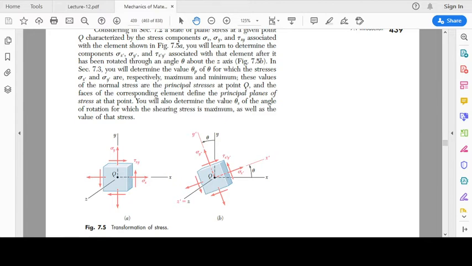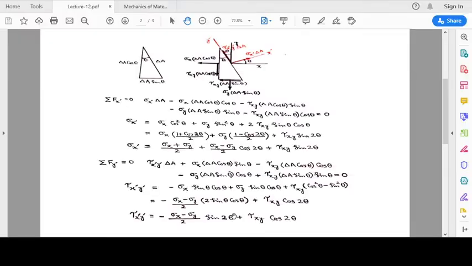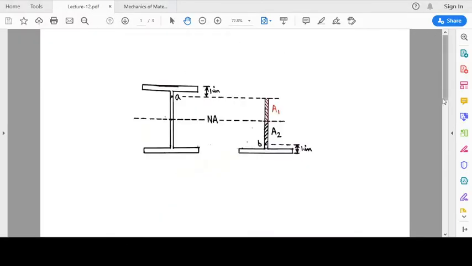Before we start our chapter 7, let me briefly go over problem 6.9 that we solved in beam shear.